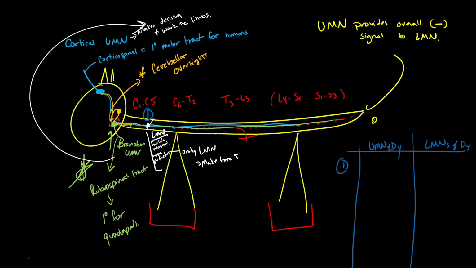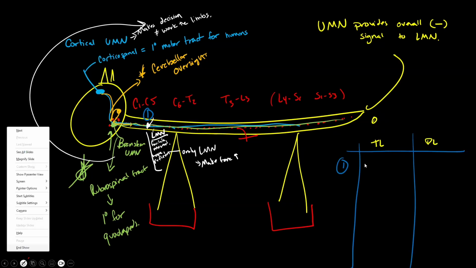And so if I damage the inhibitory signal, that's what's going to give me a little bit of that increased tone. And so with upper motor neuron signs, or sorry, a C1, C5 lesion, at the level of the thoracic limb, I probably should have done this differently, I'm sorry. Let's do this thoracic limb and pelvic limb.